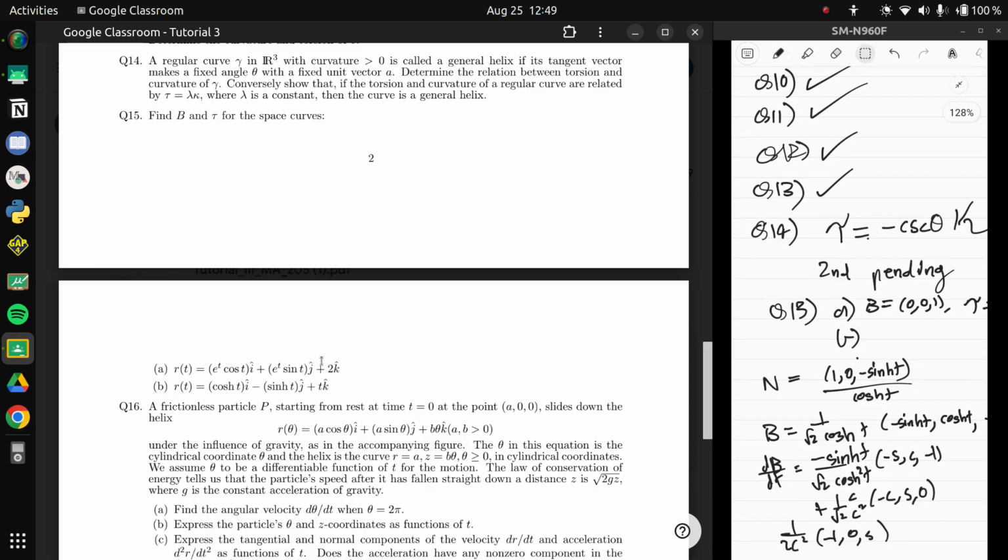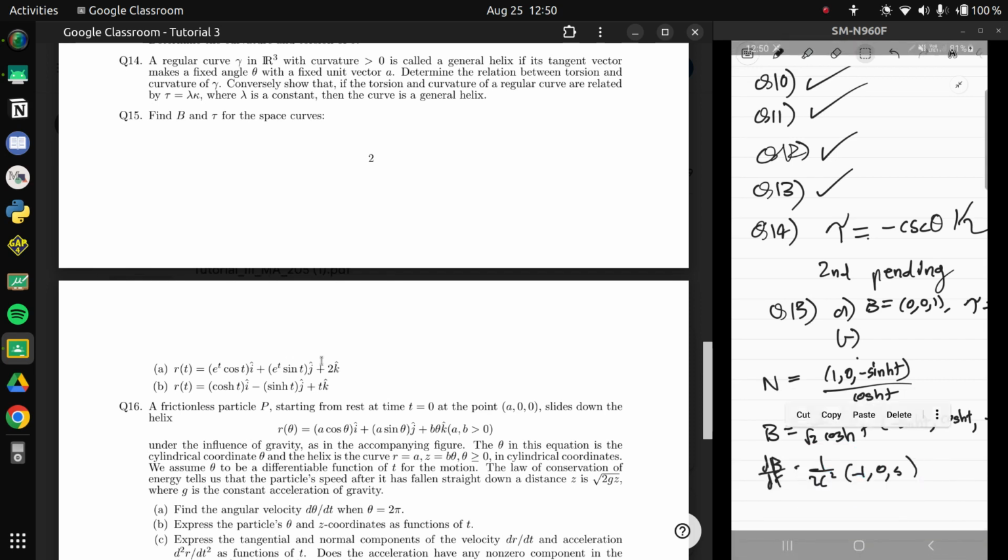Right, that's dv by dt. Which, no wonder, is actually a long minus n. So it's minus n times 1 upon 2 cosh(t).